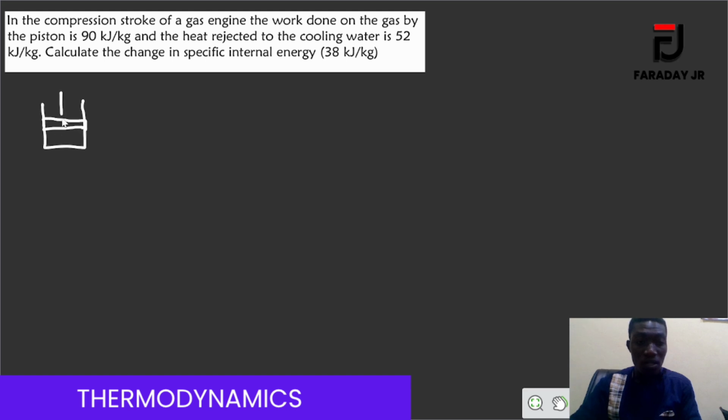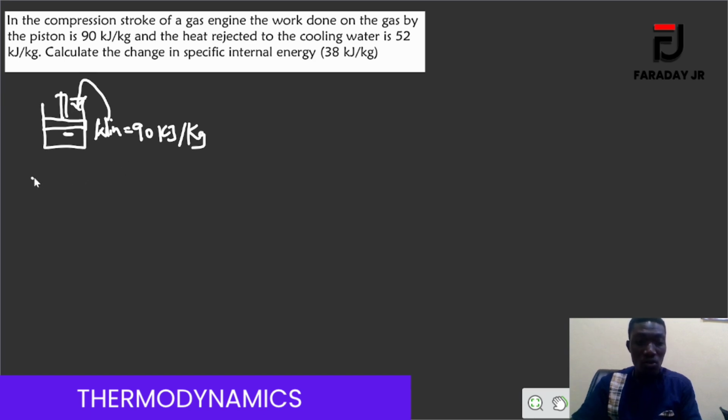The gas is over here, so it's coming from this to this side as well. So at this point, we have the work to be equal to 90 kilojoules per kg, because work is done on the gas by the piston. The piston is the one making it go down.